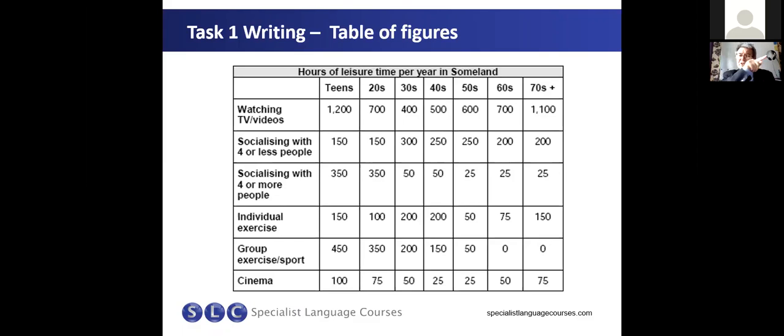So if you saw this as a line, it would go down, then up again. So 1200, 700, 400, now up to 500, 600, 700, nearly up to the teen figure, 1,100 hours for 70s and above.